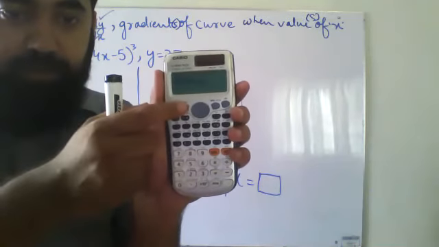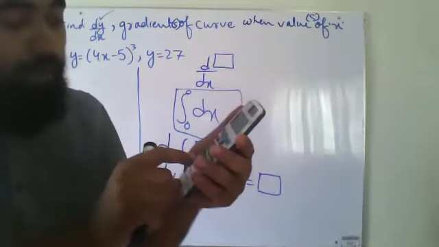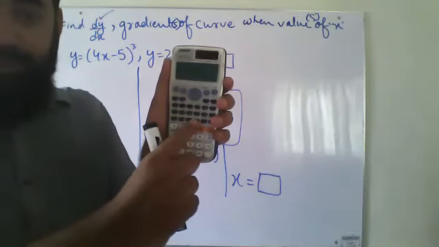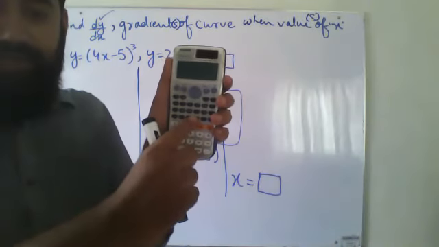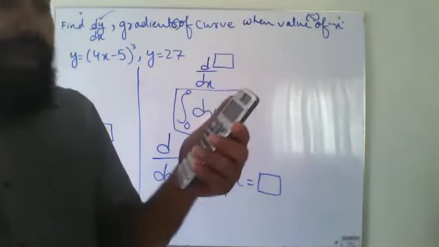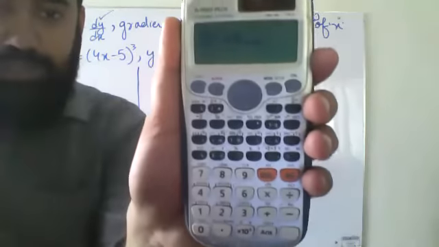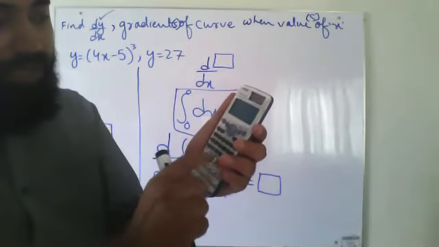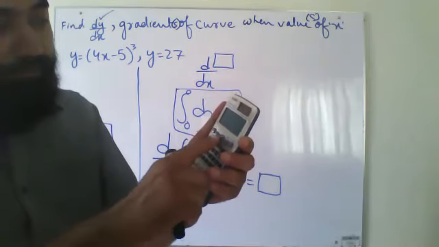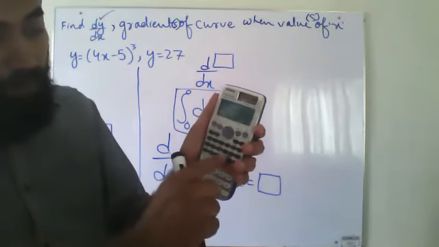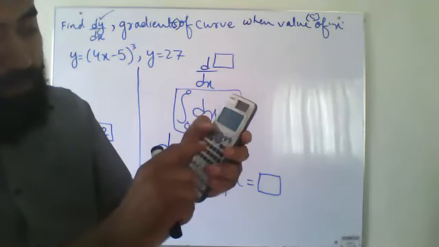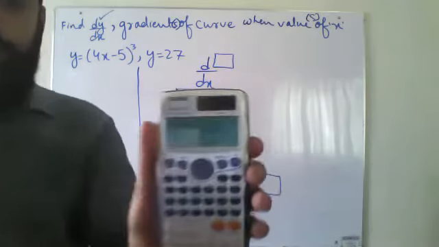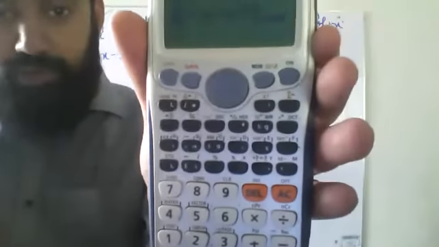Press that alpha button, and then in the lowest black line there is a red X written. You will press that and you will have 4X written on your screen. Okay, after this minus 5 and then bracket close, whole cube. See beta, I have written it.